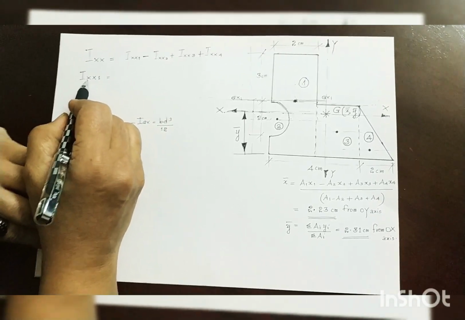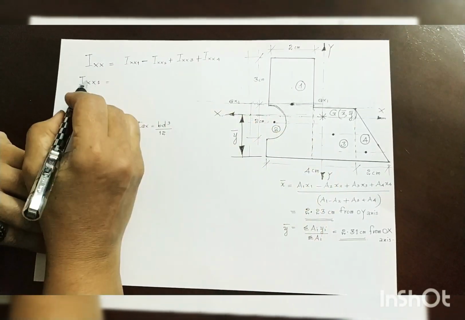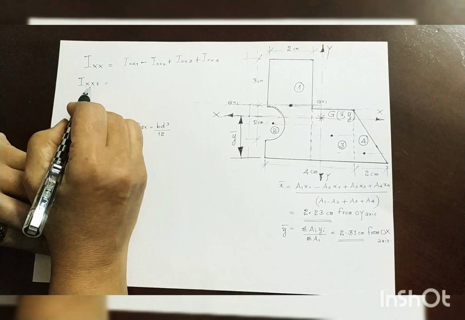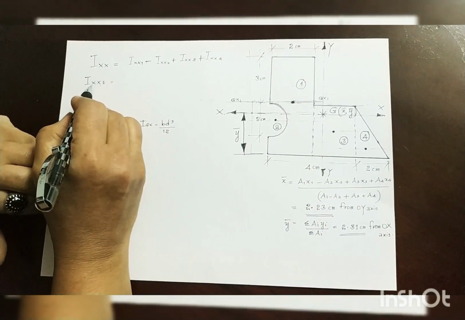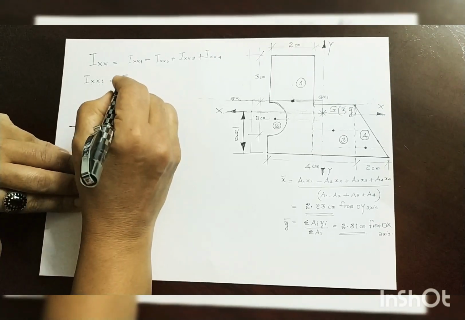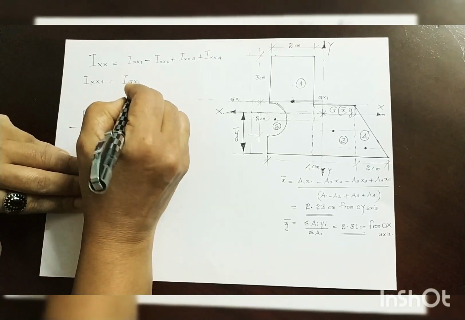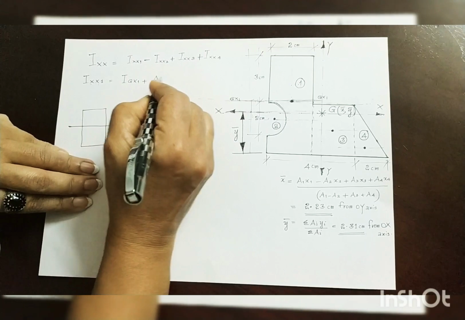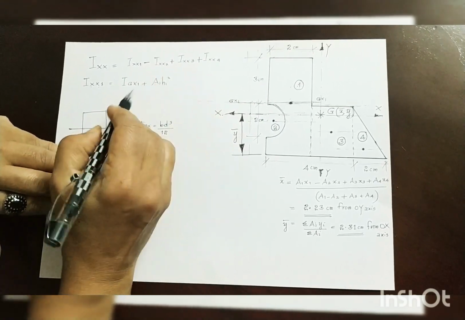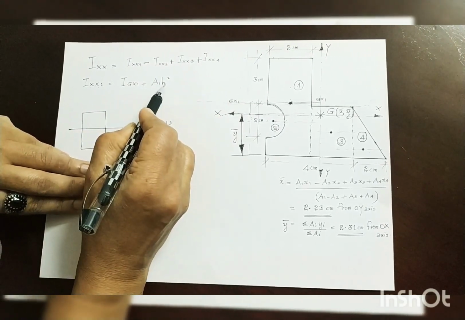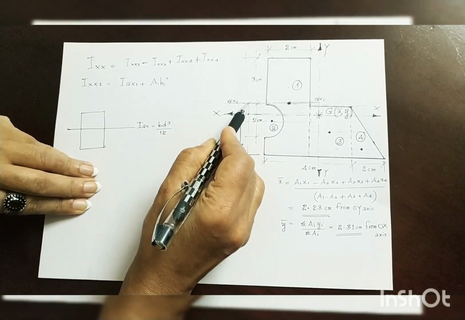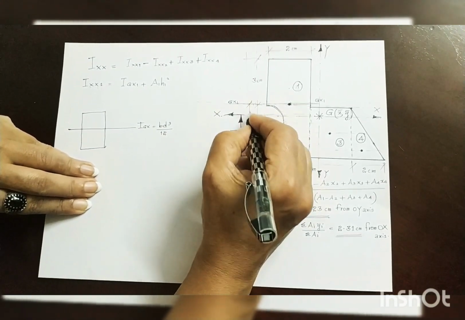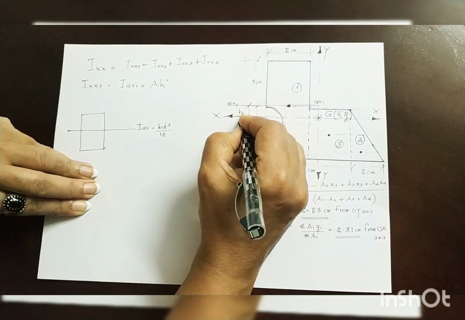Applying the transfer theorem, you can write that Ixx1 is Igx1 plus area into distance square. The area is A1 and the perpendicular distance between the two parallel axes is H1.